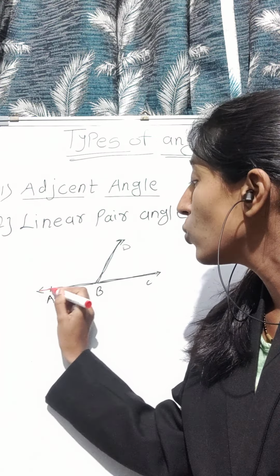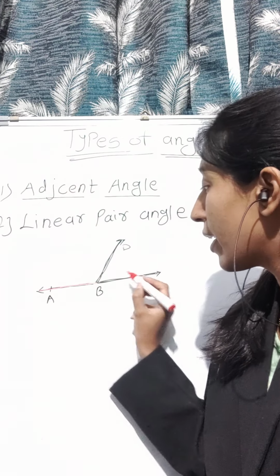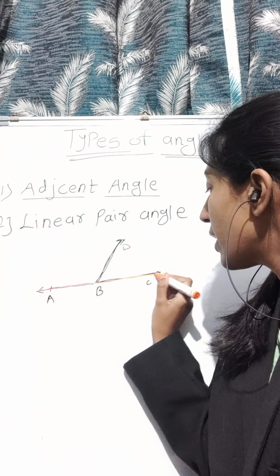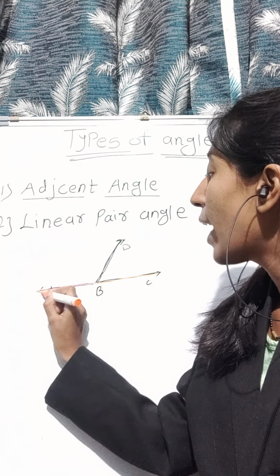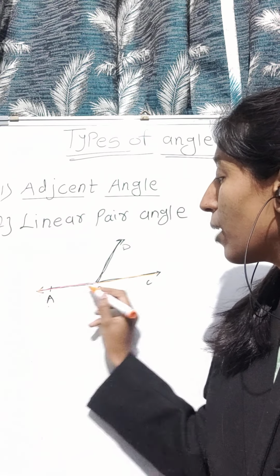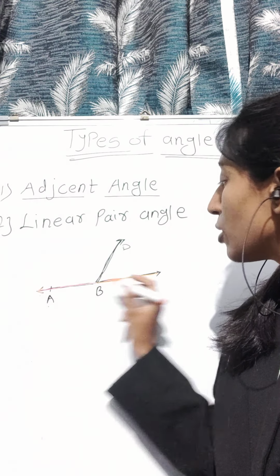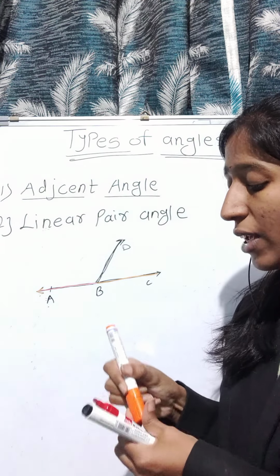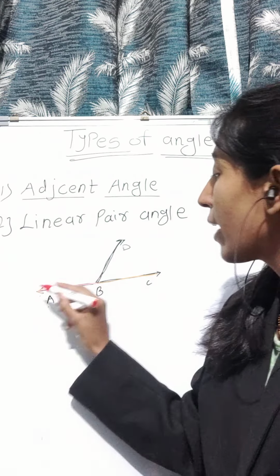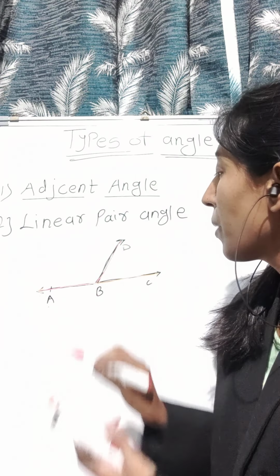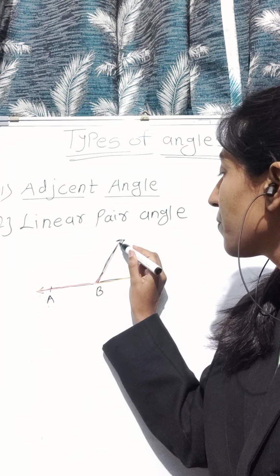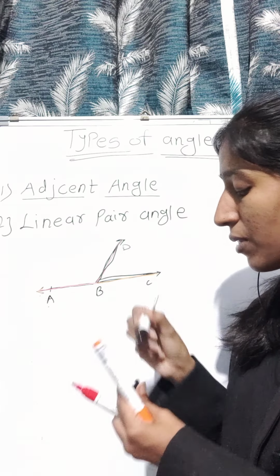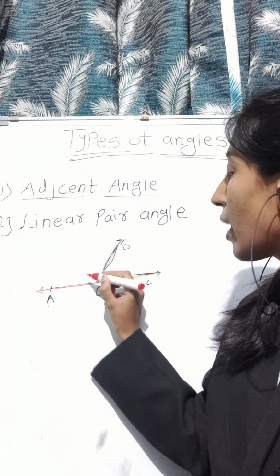Whenever one arm of one angle and another arm of another angle are forming a straight line, in angle ABD, the ray AB and ray BC, if we join both the rays, then we get a straight line. So we can say angle ABD and angle DBC are linear pair angles.